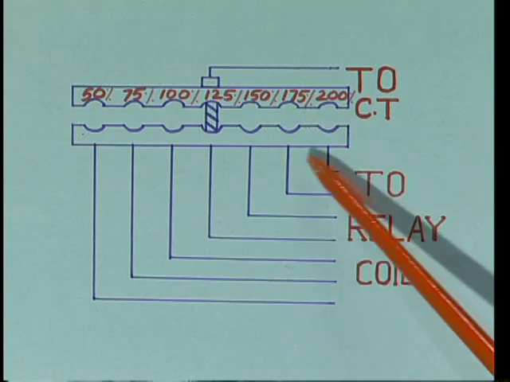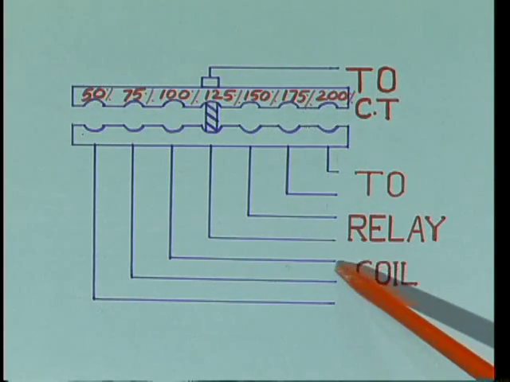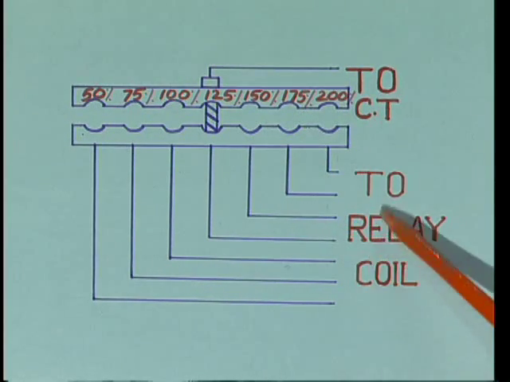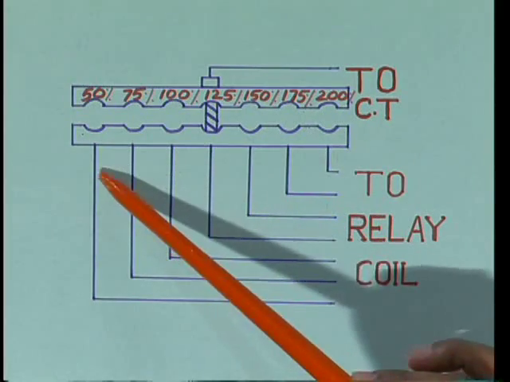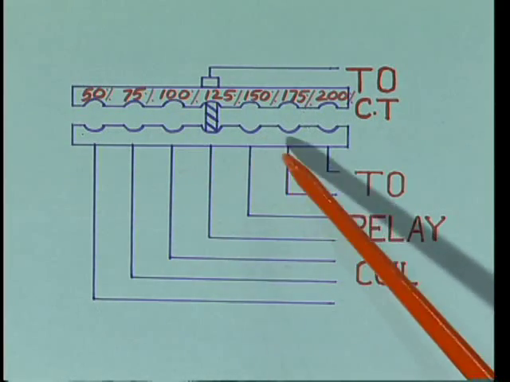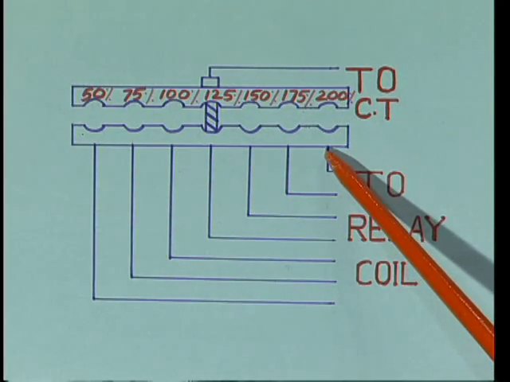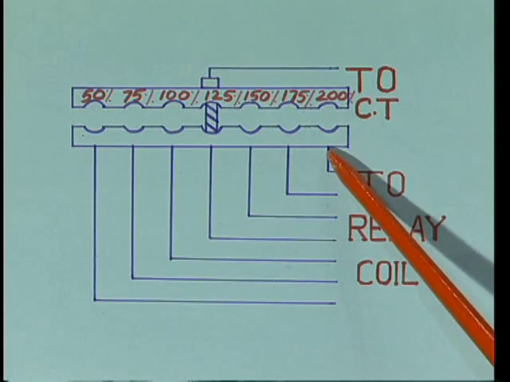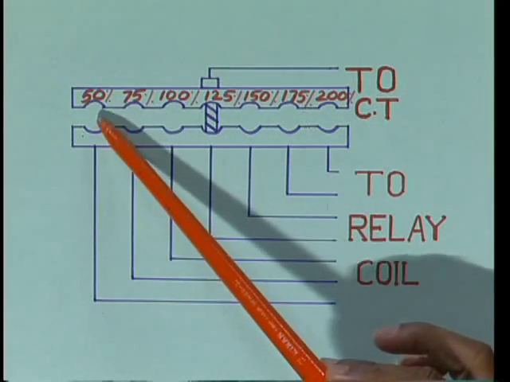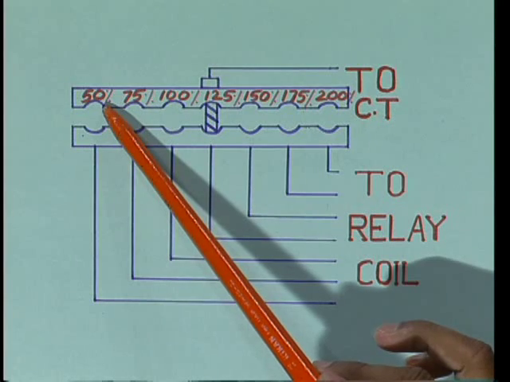These are the number of tappings coming from the primary winding, or operating coil, of the relay. These are 1, 2, 3, 4, 5, 6, 7. Seven tappings are there, and each tapping has a value expressed as a percentage of the rated current of the CT.